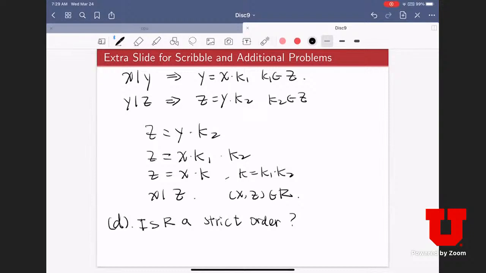What are some conditions that you need to satisfy? Anyone remember? Irreflexive, antisymmetric, and transitive. Yep.